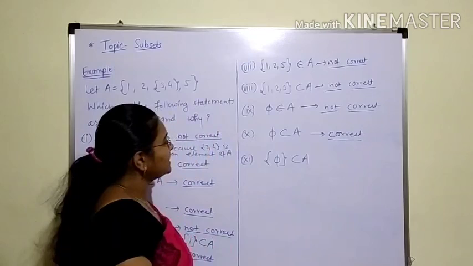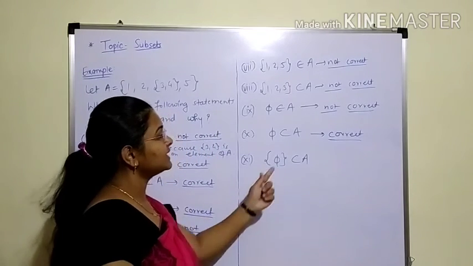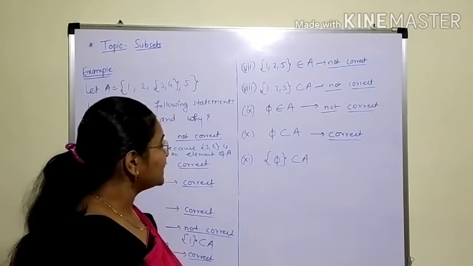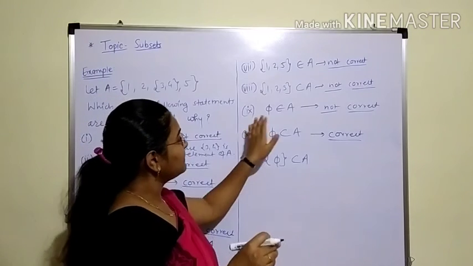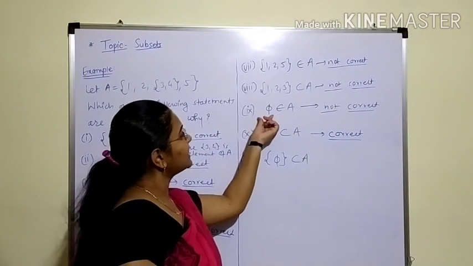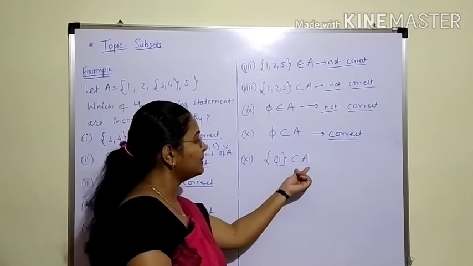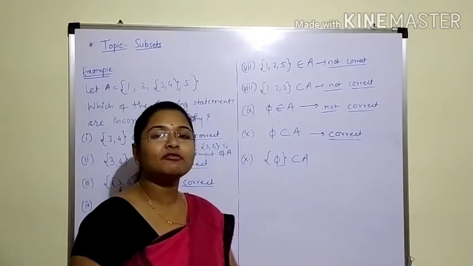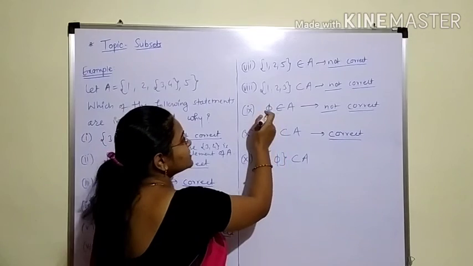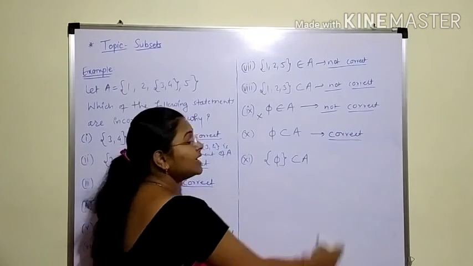Okay, then in curly braces, {phi} is a subset of A. Students, if the empty set is not there in set A, how can we write that empty set in set form and say it will be a subset of A? If this statement is not true, how will this statement be correct?